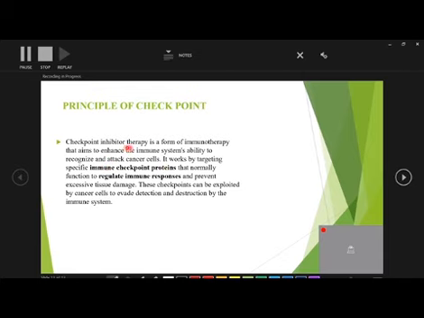It works by targeting the specific immune checkpoint proteins that normally function in regulating the immune responses, and they prevent excessive tissue damage. These checkpoints can be exploited by cancer cells to evade detection and destruction by the immune system.